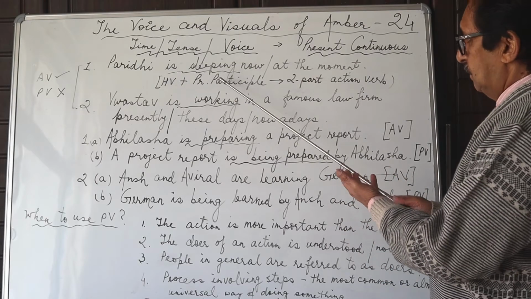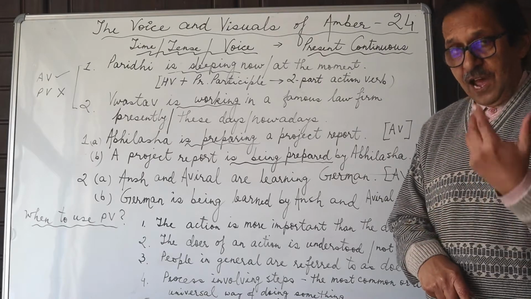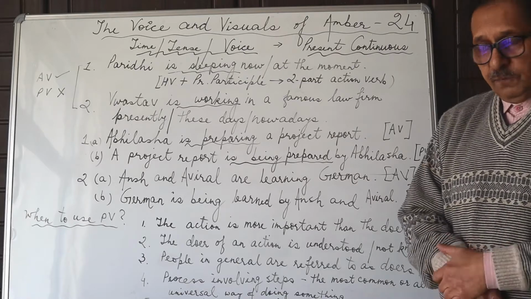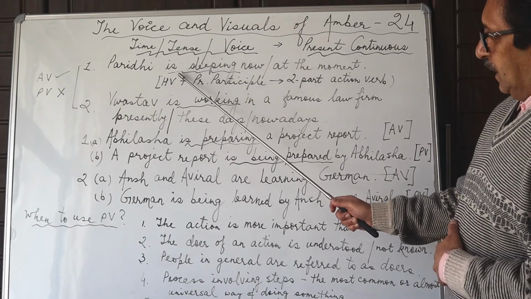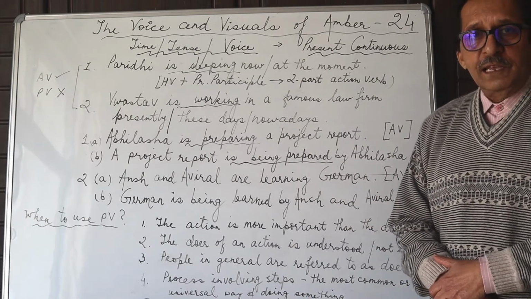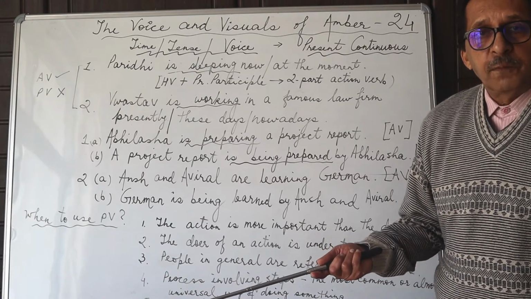It could be Paridhi is sleeping now, just now when I am speaking to you, or at the moment. So Paridhi is sleeping now at the moment. And here there is no object. Paridhi is sleeping. What? Whom? No object.